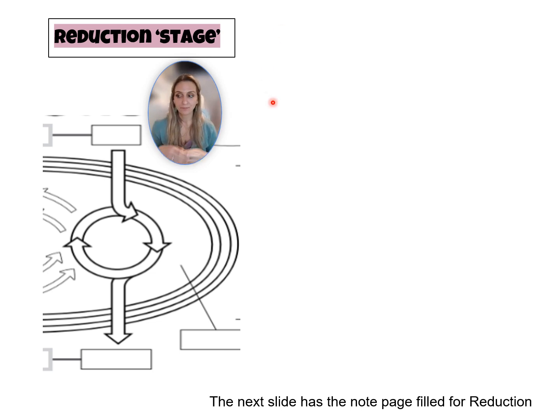I should mention too, there's not any syllabus learning outcomes that ask you to know what the different stages are called. That first stage was called the carbon fixation stage. This one is called the reduction stage. That is just what they're referred to, and it was a way for me to mentally separate these different things going on. So you're not tested on those, but essentially within the name is what's happening.